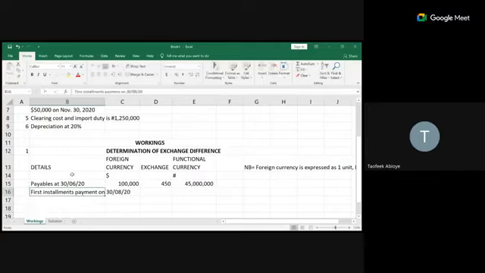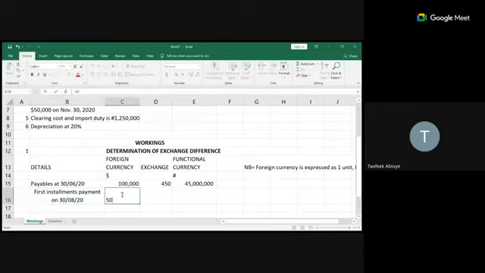So please everybody, let's be with me here. It is very simple. They say we are going to pay 50,000 first. So now ask, what is the exchange rate on 30th August?